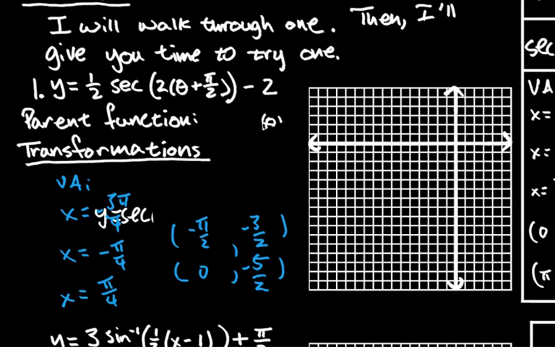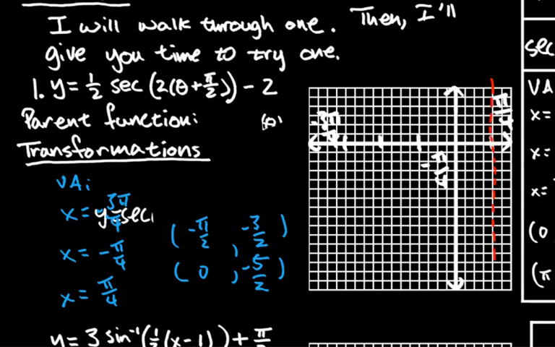So 1, 2, 3. Let's just do this by 4s. 1, 2, 3, 4. 1, 2, 3, 4. 1, 2, 3, 4. All right, so that'll be negative 3 pi over 4. That'll be negative pi over 4. And that'll be pi over 4. So let's draw on the asymptotes first. That just makes it a lot easier.